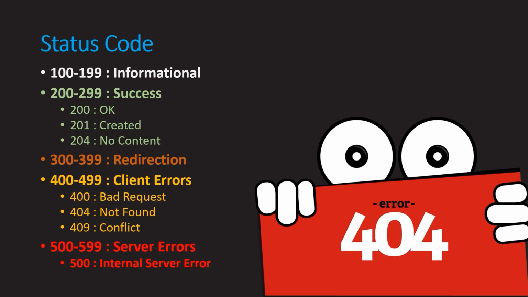And there are other status codes like 500 to 599. If you have a status code in the 500 range, it means there is an internal server error. Internal server error means your code itself has some issues. Your code has broken while running. If your code is broken, it will go under 500. That means there is no issue from the client, it's an issue from your end, how you developed the code, how you designed your project.